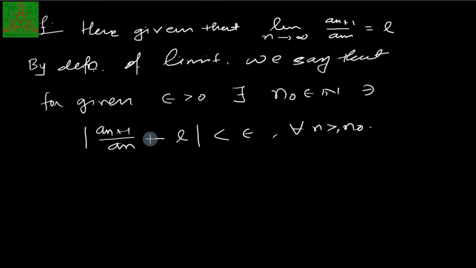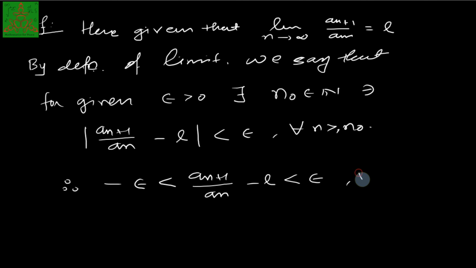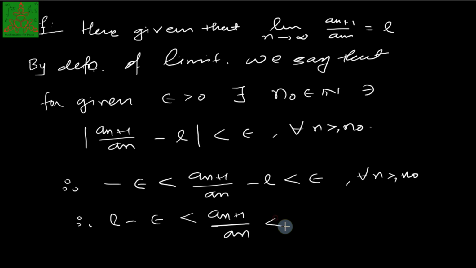If I expand this modulus, then we can write minus epsilon less than an plus 1 upon an minus L less than epsilon for every n greater than or equal to n0. This I can rewrite as L minus epsilon less than an plus 1 upon an less than L plus epsilon for every n greater than or equal to n0. So this statement is true for any given epsilon.